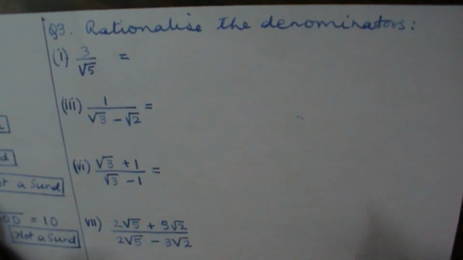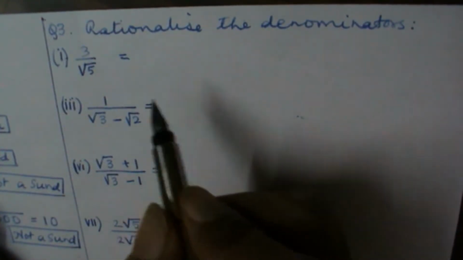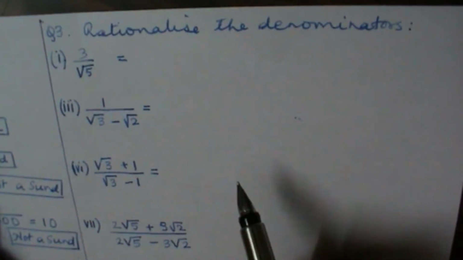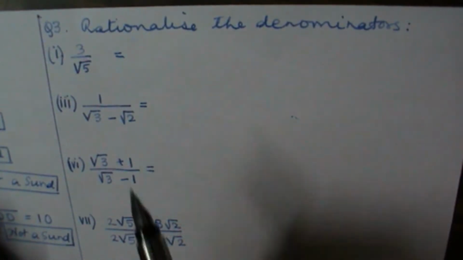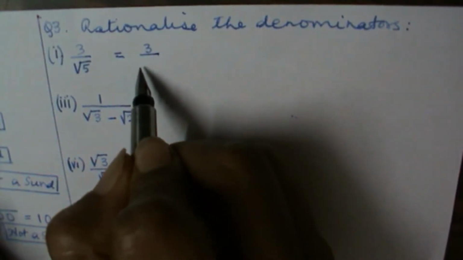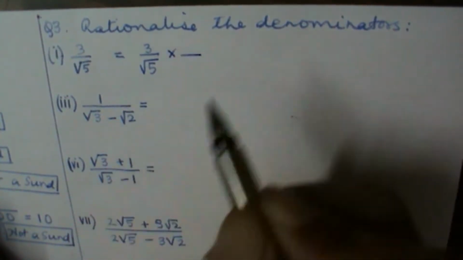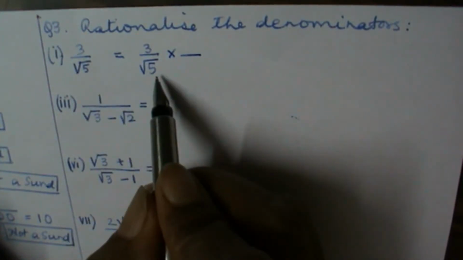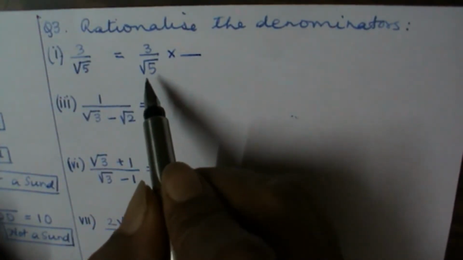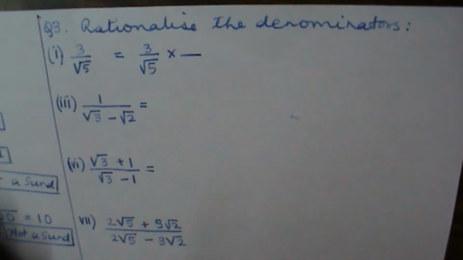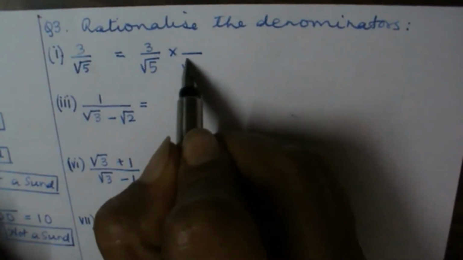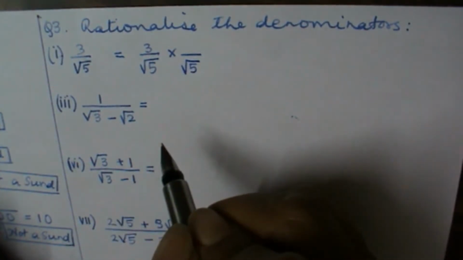The other type of questions based on this are where they tell you rationalize the denominators. Now when they tell you rationalize the denominator, you have to take the fraction and look at the denominator being irrational. If it is root of 5, I need to multiply this also by root of 5.